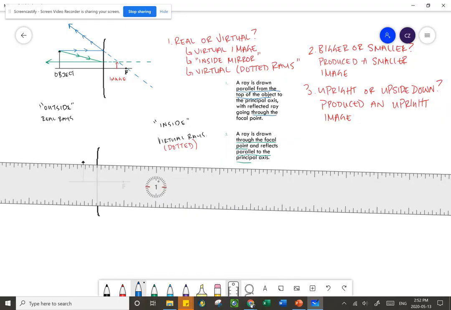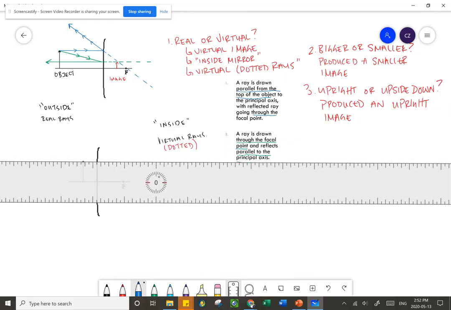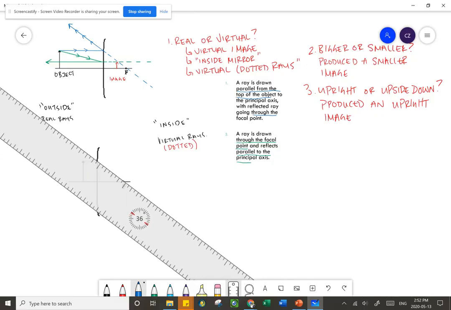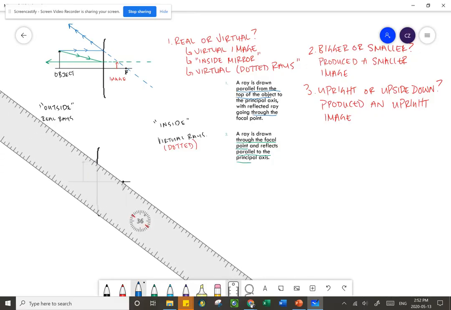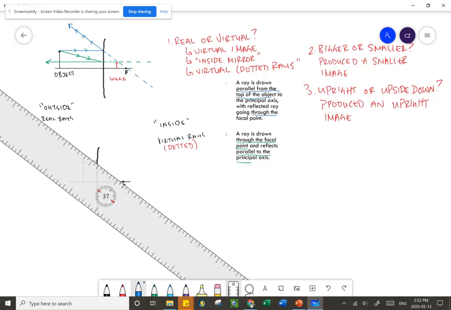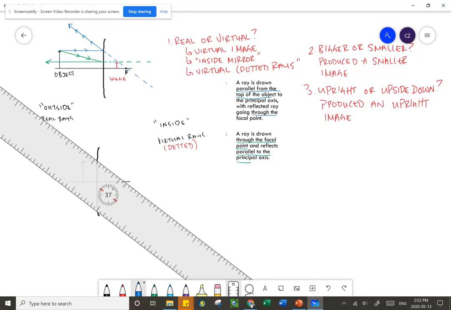Okay? I'm going to go up here, 0 degrees. Okay, it's going to go in parallel to the principal axis. And how is it going to reflect? It's going to reflect through the focal point. So if I look, I need to make this point go through the focal point. Okay, I'll move a little bit farther, please.